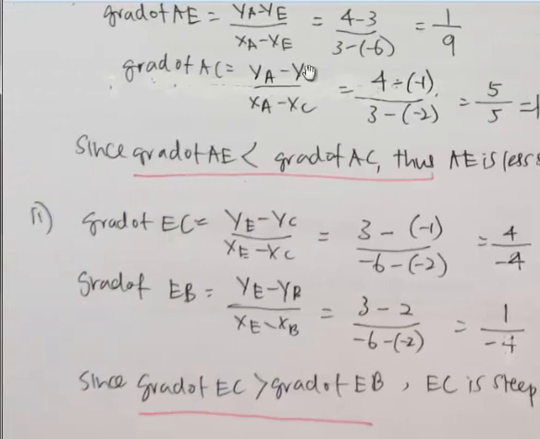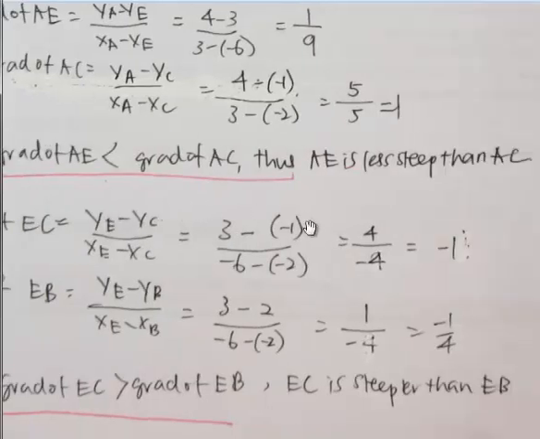For part 2, we need to prove that line EC is steeper than line EB, which means that we need to prove that the gradient of EC is greater than the gradient of EB. So we need to determine the gradient of EC first, which is yE minus yC divided by xE minus xC, equals 3 minus negative 1 divided by negative 6 minus negative 2, equals 4 over negative 4, equals negative 1.